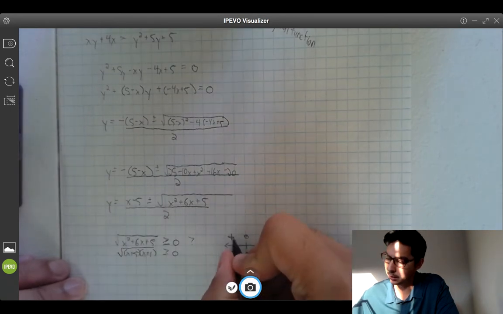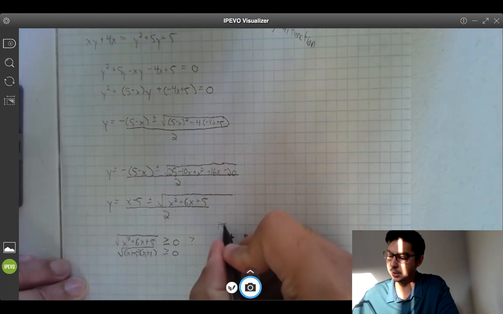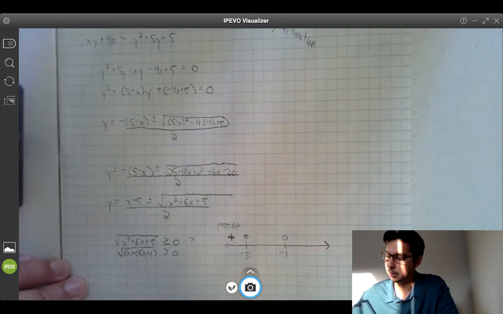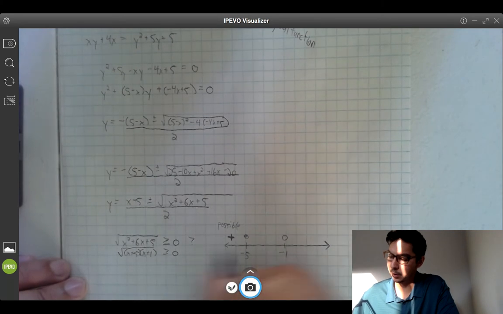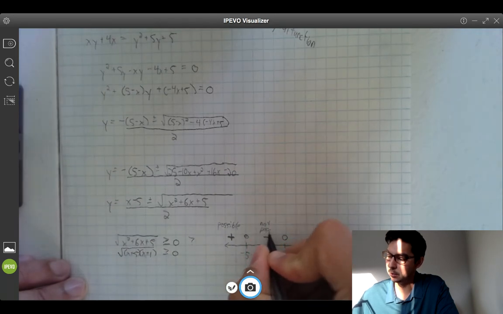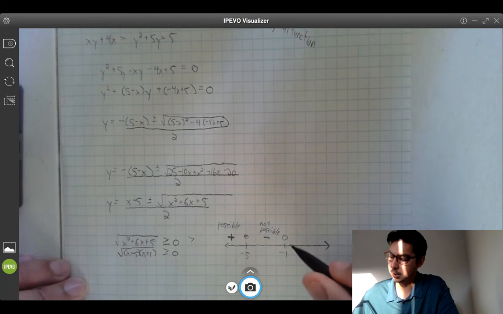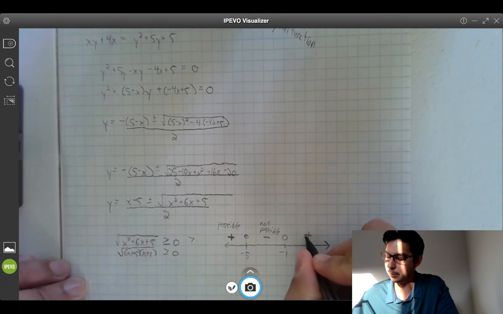But a number between negative 5 and negative 1, say negative 3, gives a positive and a negative, making a negative, which means it's not possible. And outside of negative 1, say 0 or 100, both are positive, so a positive times a positive is a positive, so that's possible.